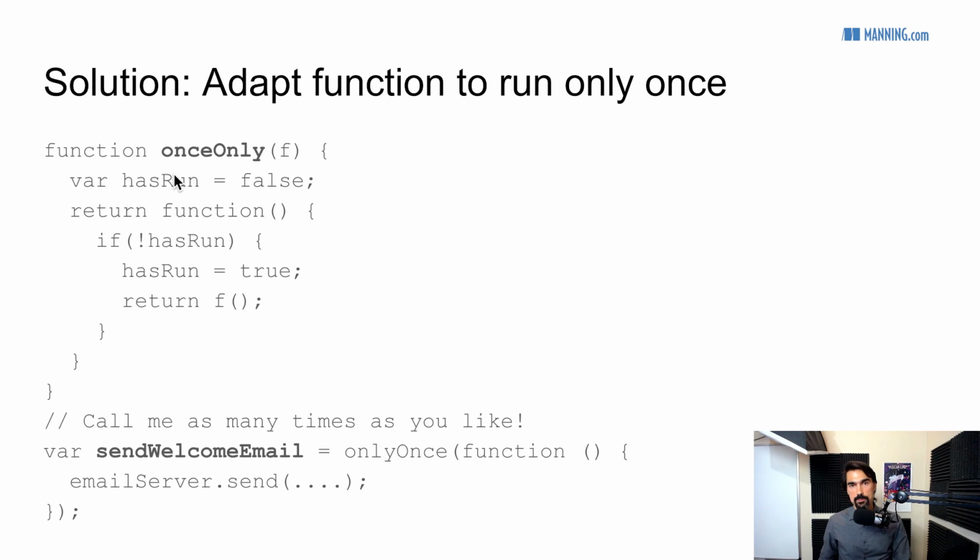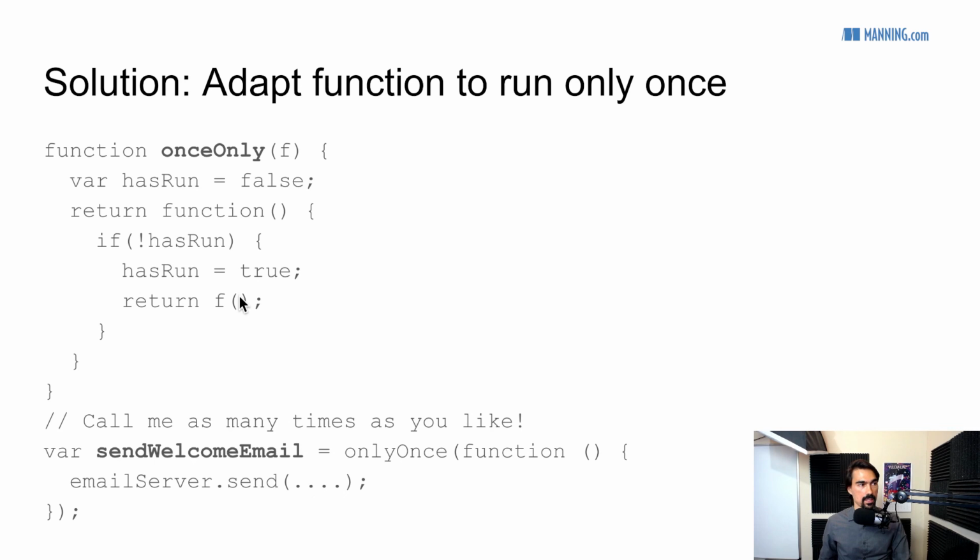So let's walk through how this works. We have a variable called hasRun, and we initialize it to false. Now, once only is going to return a function, and that function is going to check if hasRun is false. If it's false, it's going to set it to true, and then call the function.